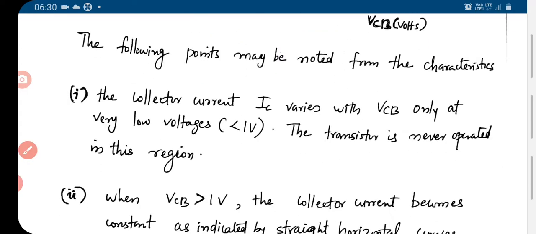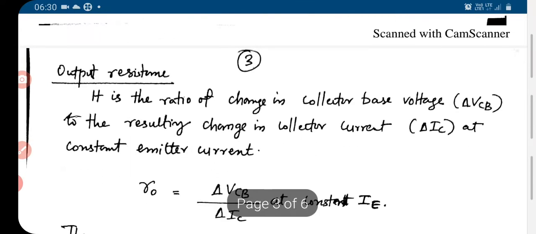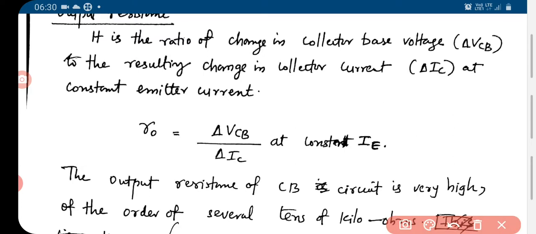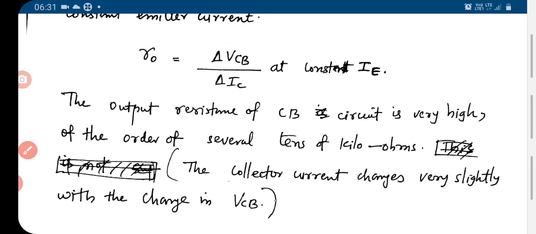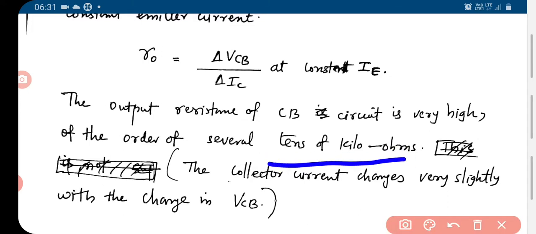So we say the output resistance, which is defined as delta VCB by delta IC at constant IE, is very high, of the order of several tens of kilo ohms. Output resistance is very high because the change in the emitter current with the collector base voltage is very small. IE is almost constant.